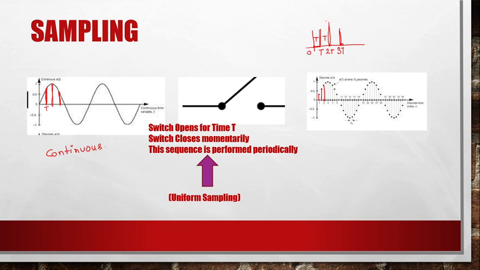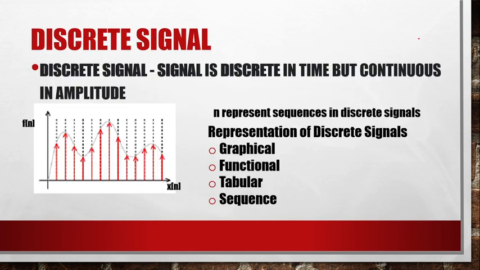In sampling, we convert the continuous signal into a discrete signal, not a digital signal. So what is a discrete signal? A discrete signal is discrete with respect to time, but continuous with respect to amplitude.